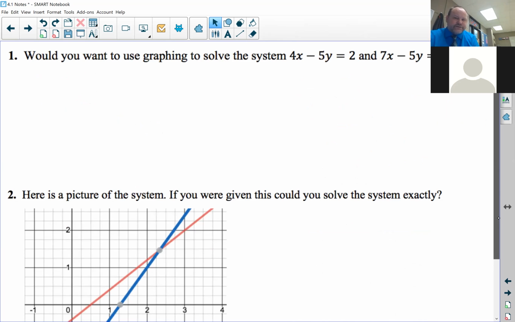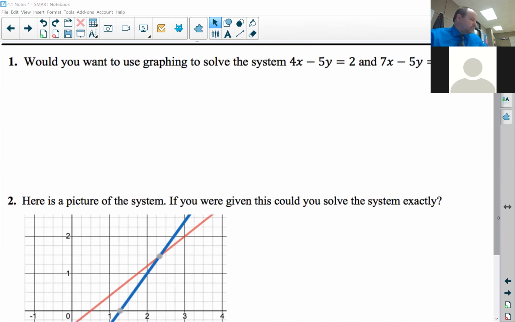If you had the system of equations, 4x minus 5y equals 2, and 7x minus 5y equals 9, would you think that graphing would be a great way to solve that system? With the way the equations are written, are they going to be relatively easy to graph?